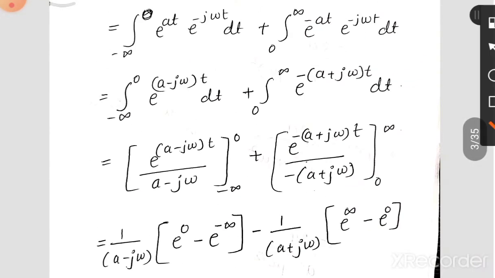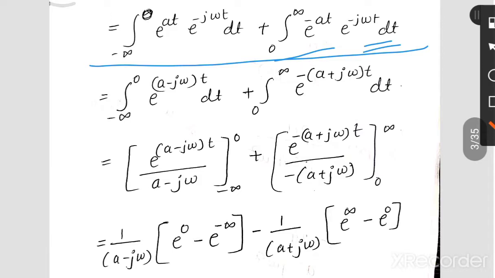Simplify this term and keep this. So the first term, from minus infinity to 0, e raised to at into e raised to minus j omega t dt, plus 0 to infinity e raised to minus at into e raised to minus j omega t dt.